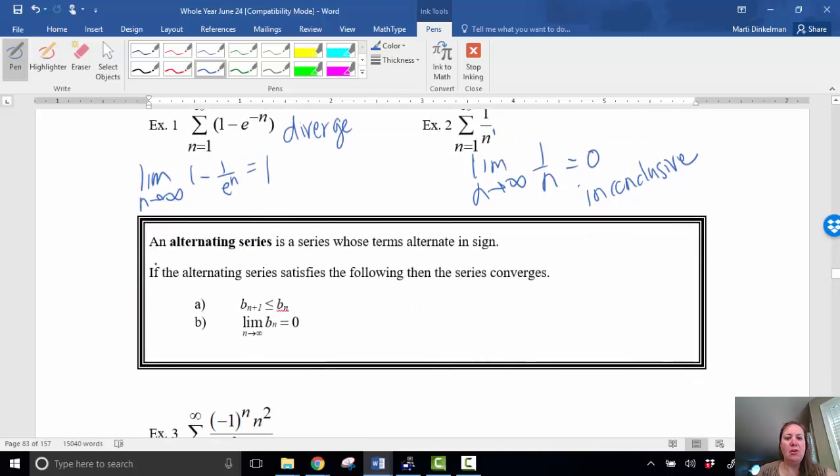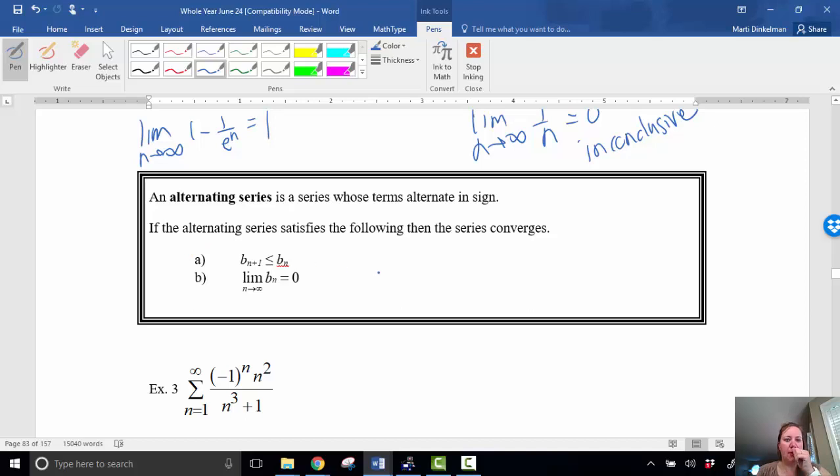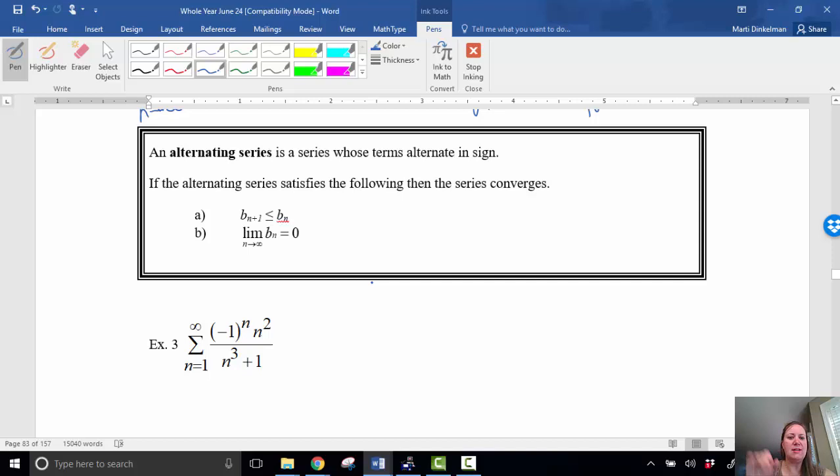And then the alternating series. So this one is a fairly easy one to see that it alternates signs. So you'll see like a -1 to the n, although sometimes they'll sneak like a sine or cosine in there to show alternating. But generally you're going to see a -1 to the n or like an n plus 1 or something like that. So if we have an alternating series and we are guaranteed that the successive terms are getting smaller, so that's what part A is saying there, that the next term is always smaller than the previous term.